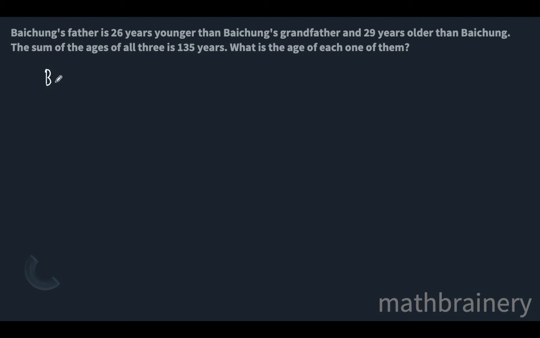So, if I assume Baichung's father's age as x years, now according to the first condition, Baichung's father's age is 26 years younger than Baichung's grandfather. So, that means Baichung's grandfather's age minus 26.